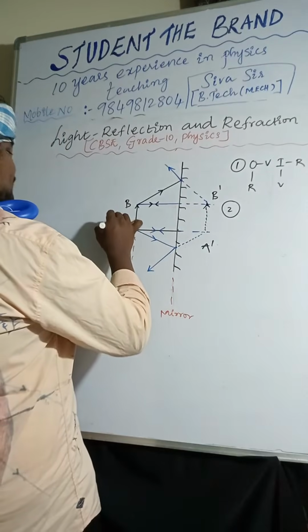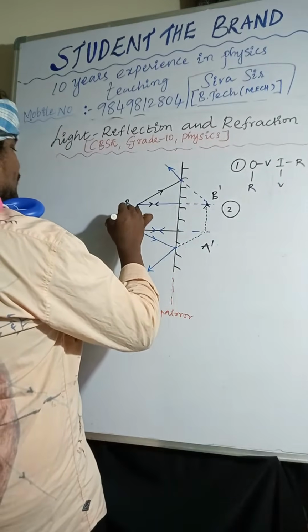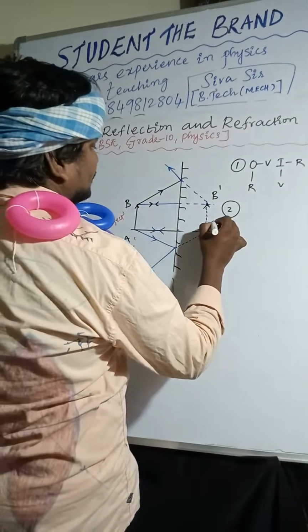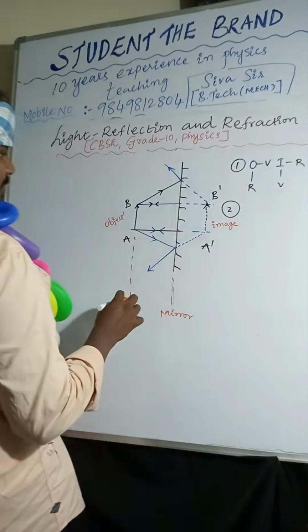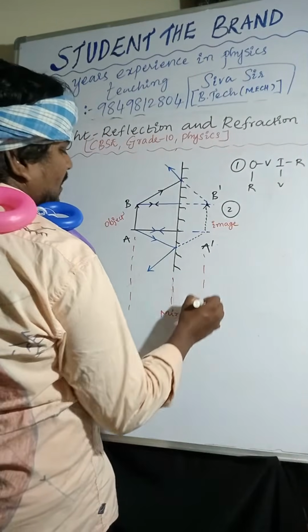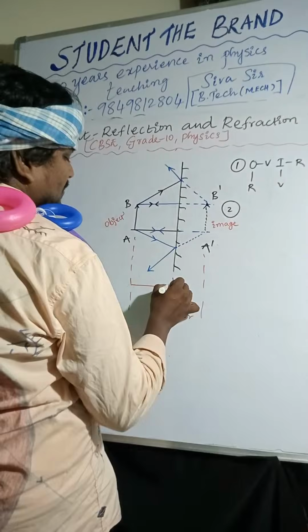Object, image. The distance between the object and the mirror is called the object distance.